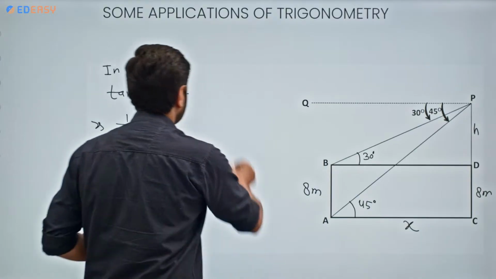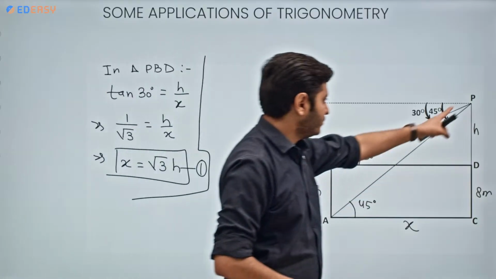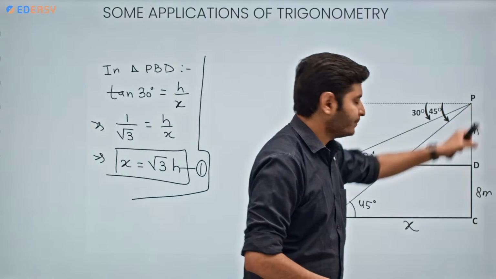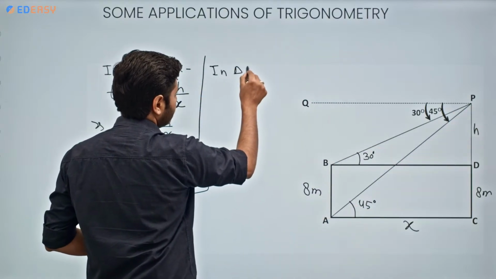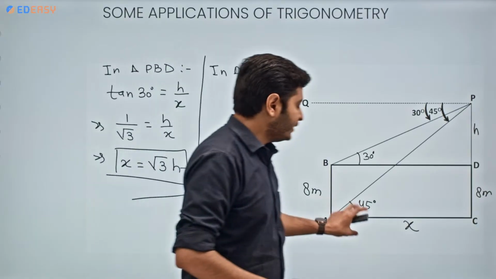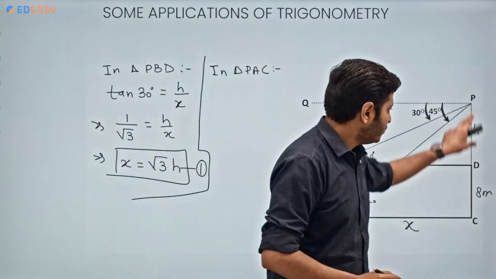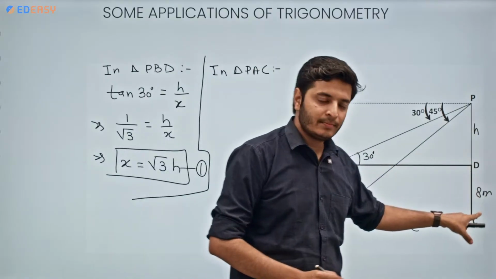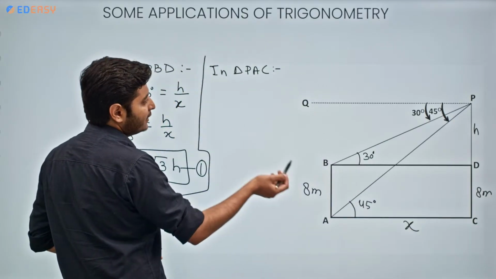Now, look at this triangle, the bigger one, PAC. In this triangle, we can find the value of tan 45. Although one part of this total height is known to us, the whole is not known. Still, we can create the relationship.